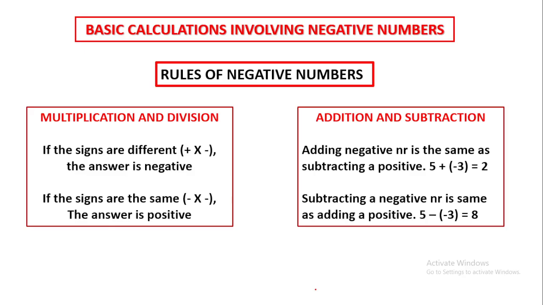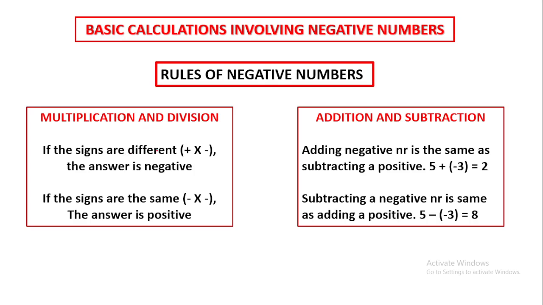So, the basic calculation involving negative numbers. These are the rules of negative numbers. I've also listed them on the next slide. If we're multiplying or dividing and the signs are different, a plus and a negative, the answer will always be negative. Even if we are dividing, say 20 divided by negative 5, the final answer will have the negative sign.